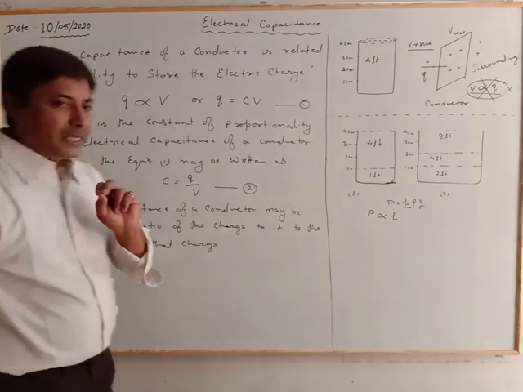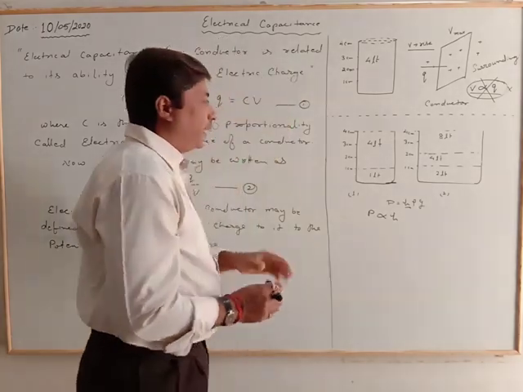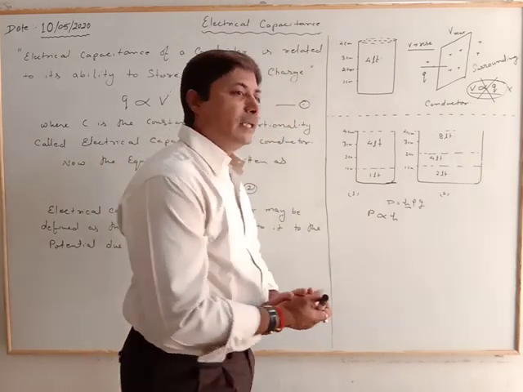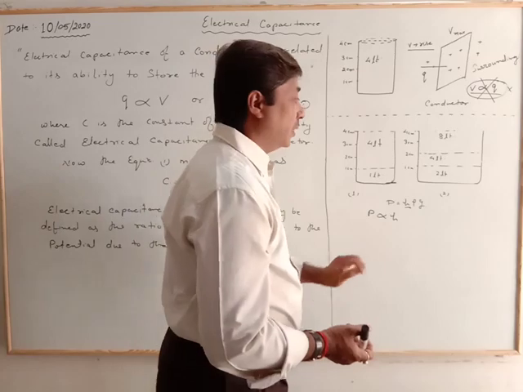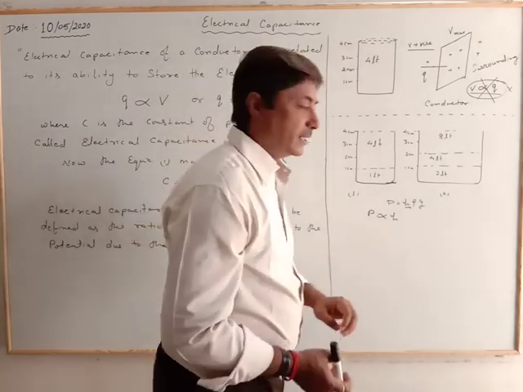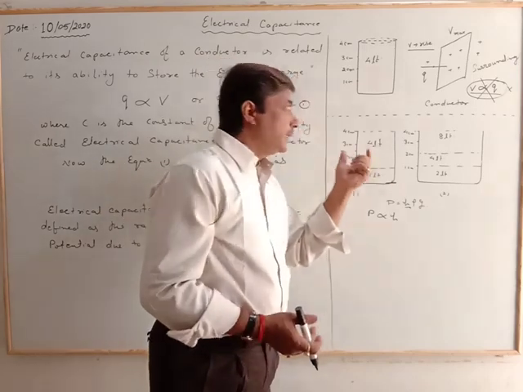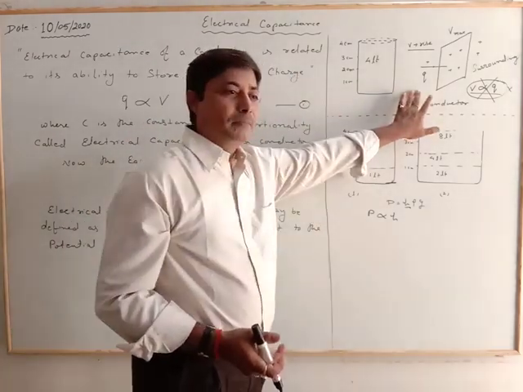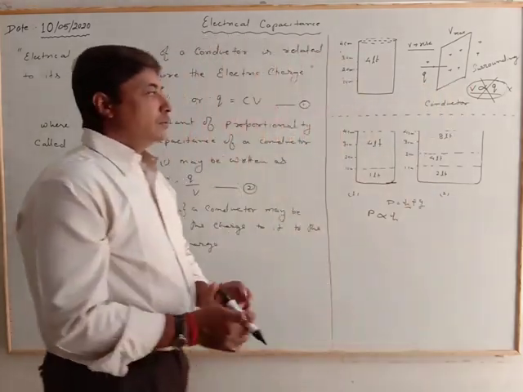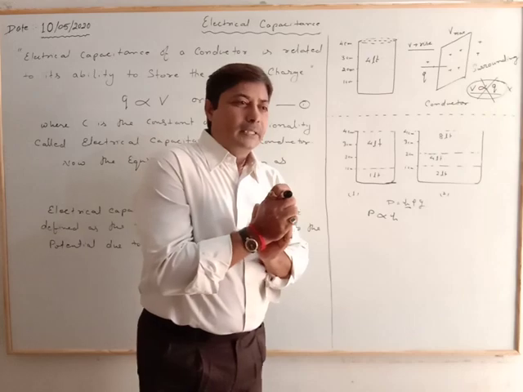Now, on what factors does the capacitance depend? The first factor is the dimension, meaning the shape and size of the conductor. The second point is the medium in which the conductor is placed, the permeability of that medium. The third point is whether any other conductor is nearby.